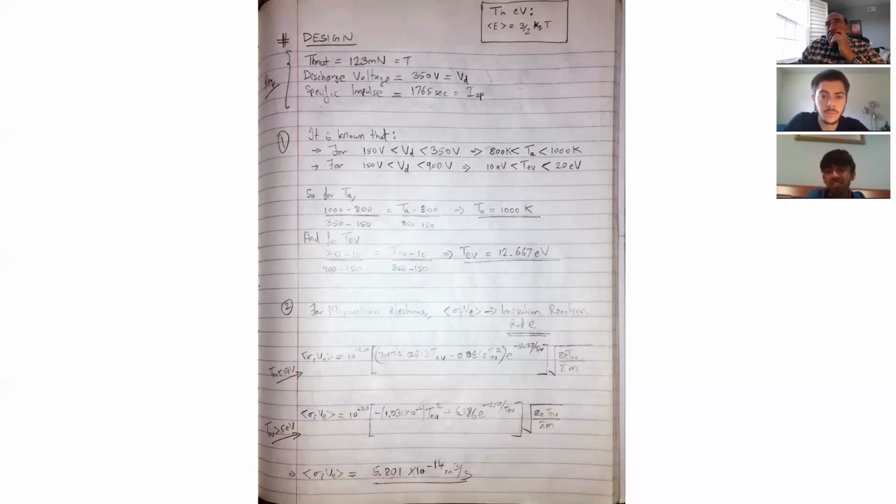That's my understanding of what this signifies. And similarly, the one below is the electron temperature, which is about 12.6 electron volts for a discharge voltage of 350 volts applied.